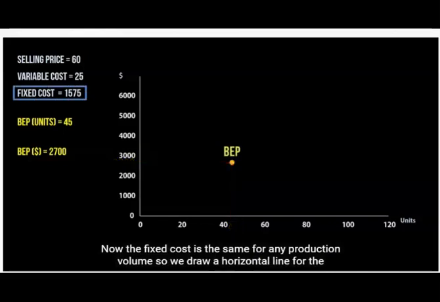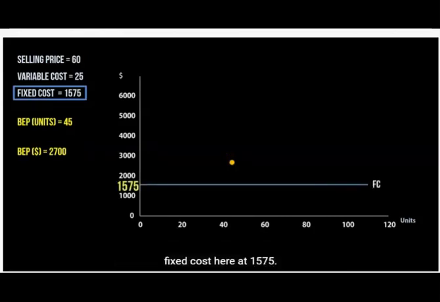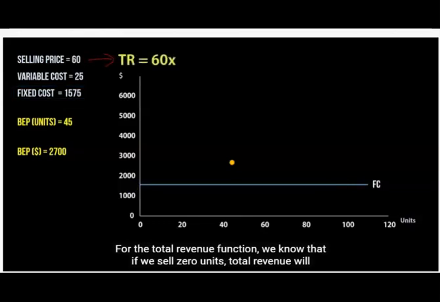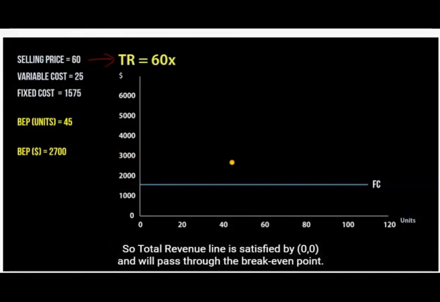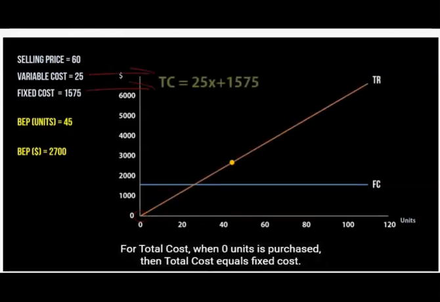Now the fixed cost is the same for any volume of production, so we draw a horizontal line for fixed cost here at 1575. For the total revenue function, we know that if we sell 0 units, total revenue will be 0. So the total revenue line is satisfied by 0, 0, and we pass through the break-even point. For total cost, when 0 units is purchased, then total cost equals fixed cost.